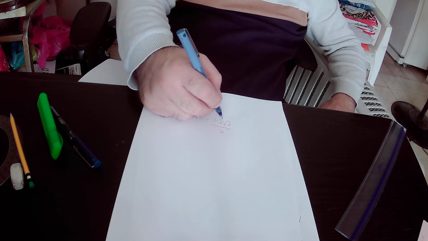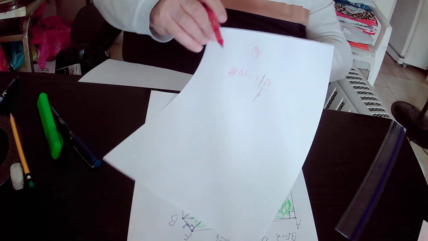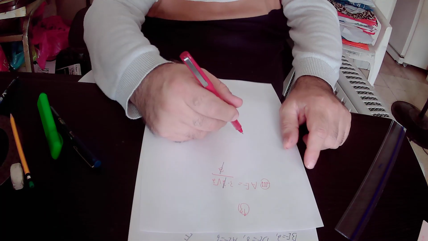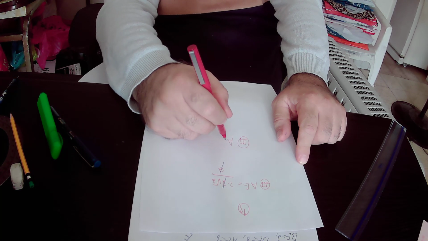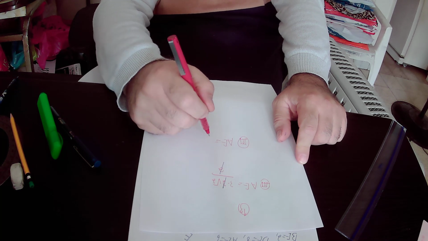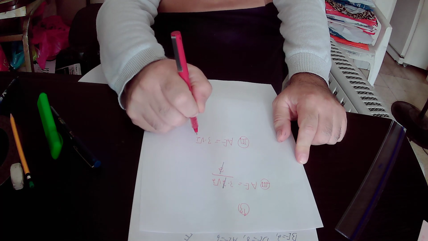Here 2 over 2 is 1, so 2 will get cancelled. And we found out that AE equals 3 times square root of 2 units.